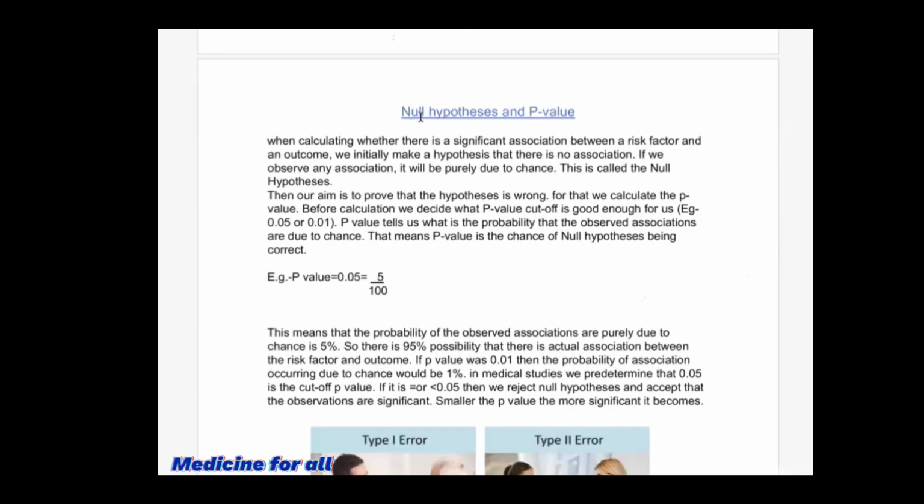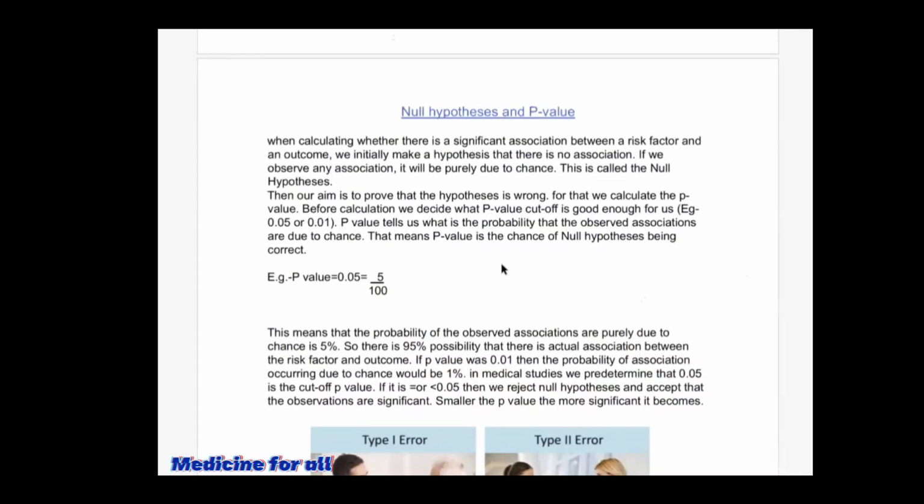Null means no, zero. So we initially make a hypothesis saying that this risk factor and outcome have no association. In simple terms, that is the null hypothesis, stating that the risk factor and the outcome have no association.